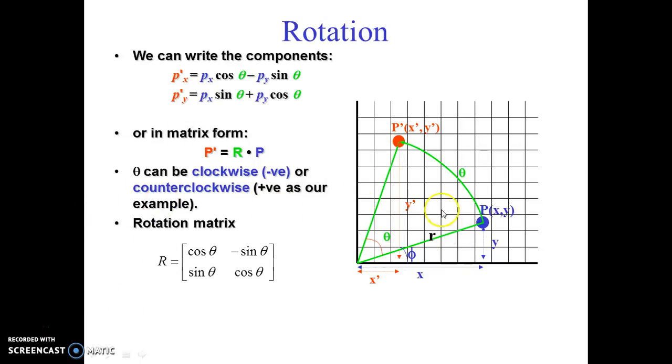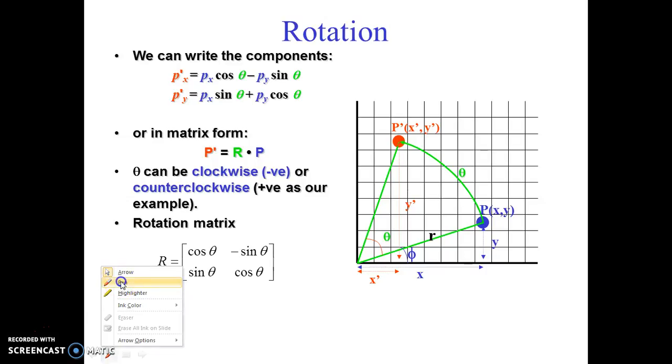Now this theta, we need to be careful with this theta. If we are moving in the counterclockwise direction, this theta needs to be positive. But if we are moving in the clockwise direction, then we take theta as negative. And this is our rotation matrix, which we get from this equation: cos theta, minus sin theta, sin theta, cos theta.